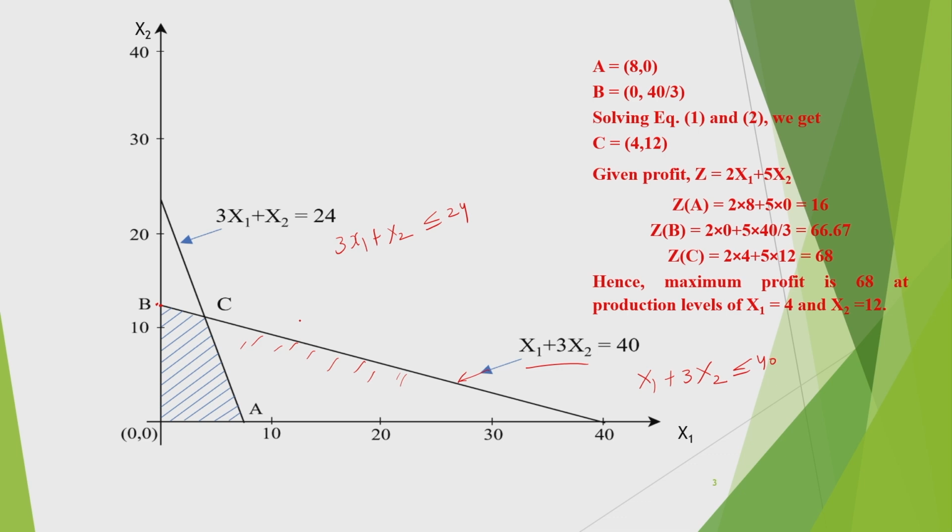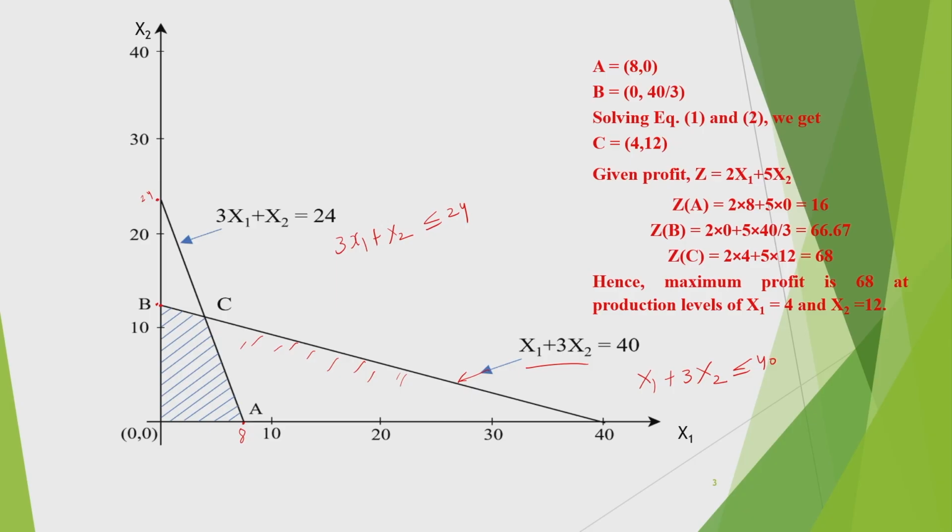How will we draw that? Same procedure. Put x2 is equal to 0, that means x1 is equal to 8. So, in the x axis it cuts at 8. I have marked it as a point, this one A. Similarly, when x1 is equal to 0, x2 is equal to 24. So, this point is 24. With these 2 points, you draw the line.